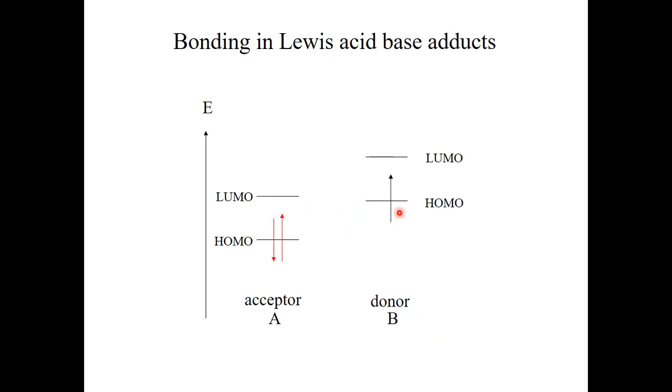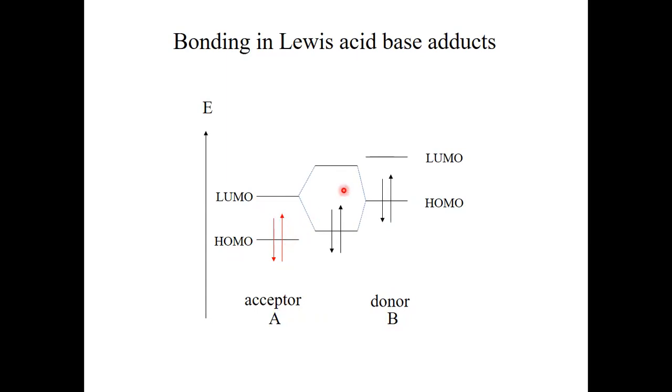Okay, then we can move the orbitals of B even higher, to the extent that now the HOMO of B is energetically closer to the LUMO of A. Okay, so now in this case, you will get an interaction primarily between the LUMO of A and the HOMO of B, and for that reason, B will now act as donor and A will act as the acceptor, and the electrons in the HOMO of A will remain unreacted.